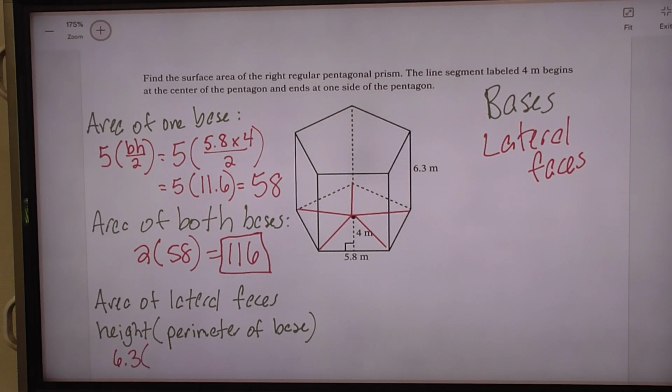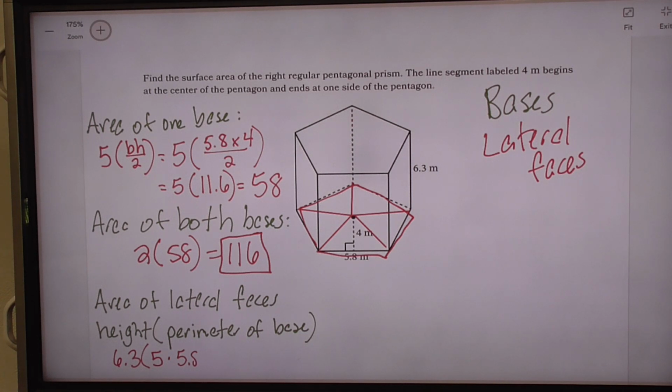To do the perimeter, we need to add up all the sides that go around the base, and they're all identical, so they're all 5.8. You could do 5.8 plus 5.8 plus 5.8 plus 5.8 plus 5.8, adding all the sides up, or you can just say this is a pentagon, it's got 5 sides, and all of them are equal to 5.8.